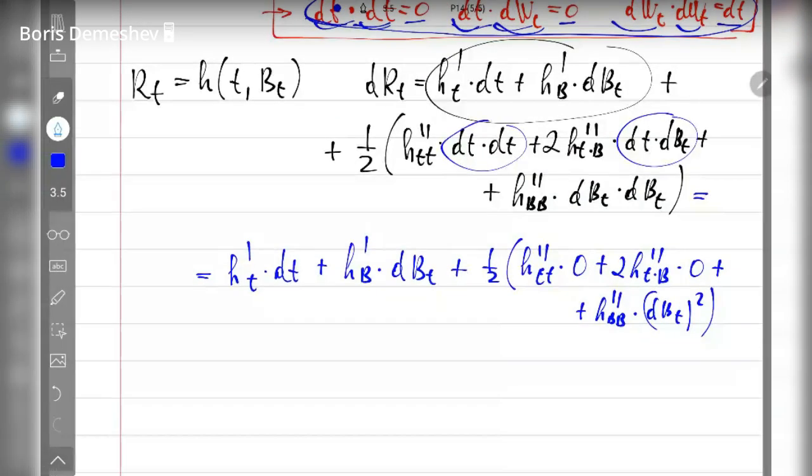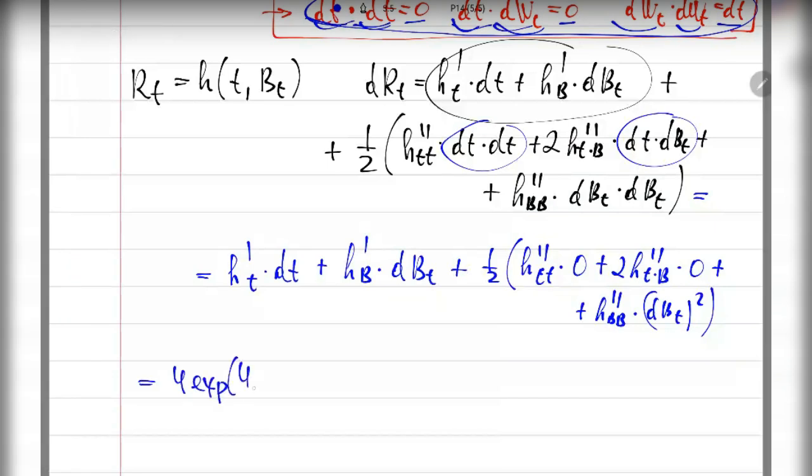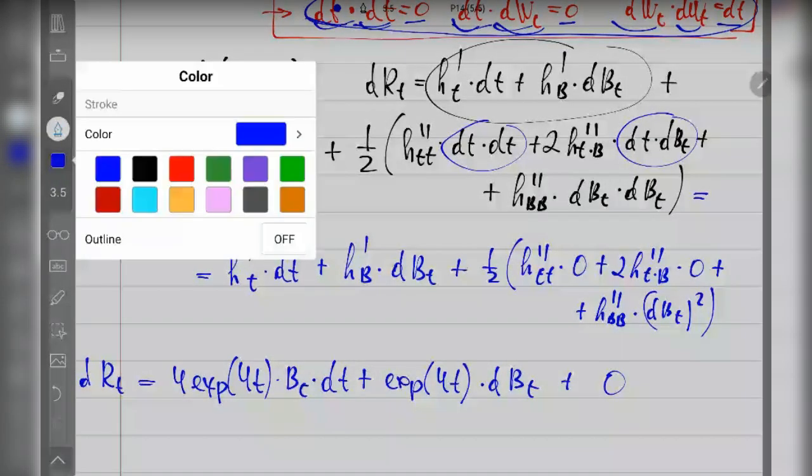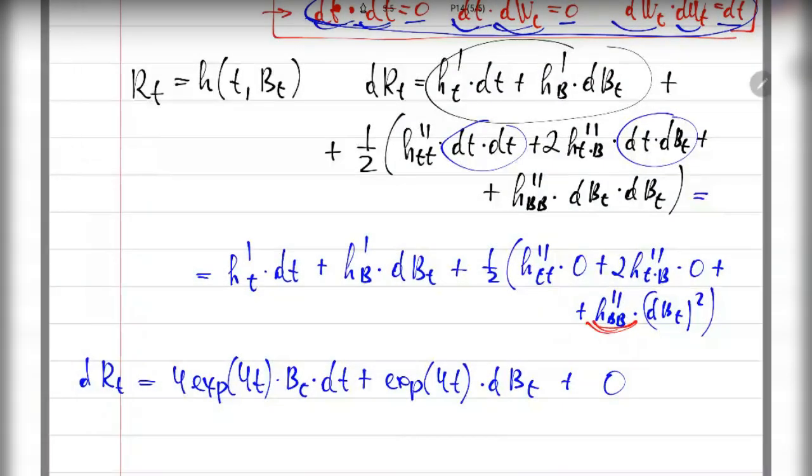I have 4 exponent of 4t times Bt times dt plus exponent of 4t times dBt plus 0, because in my case h double prime with respect to b is 0. Rt in my case is exponent of 4t times Bt.